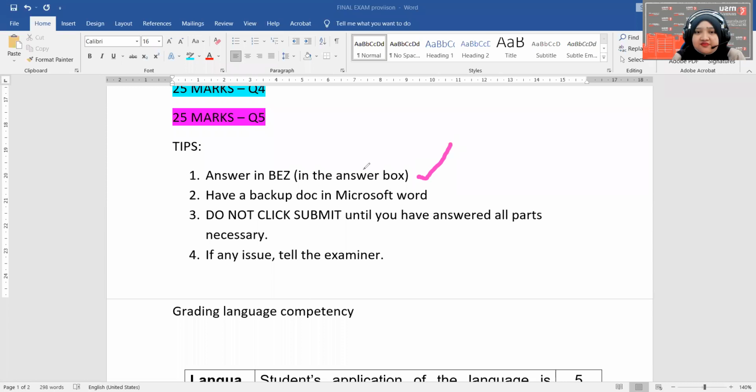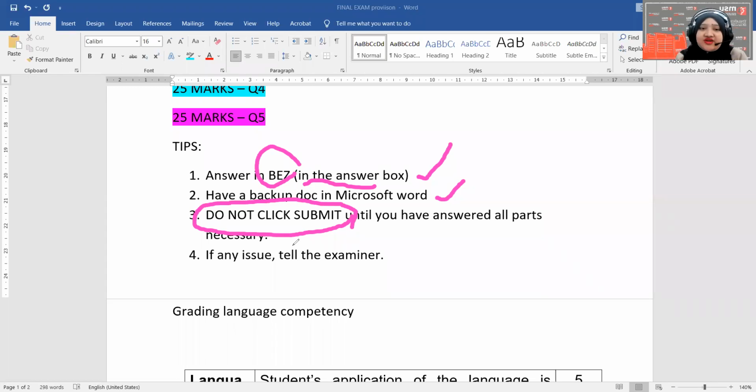Do have a backup answer in the answer box in the class-based system. Have a backup in Microsoft Word, and no matter what, do not ever click the submit button early. Even if you have already completed part A, the multiple choice questions, do not click submit, just go to the next tab and answer the subjective questions, the chosen three.